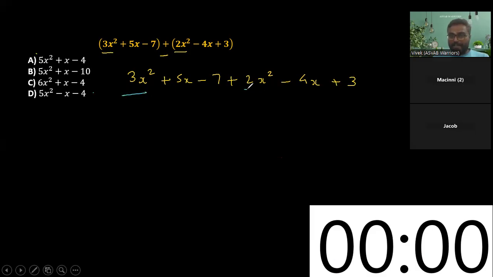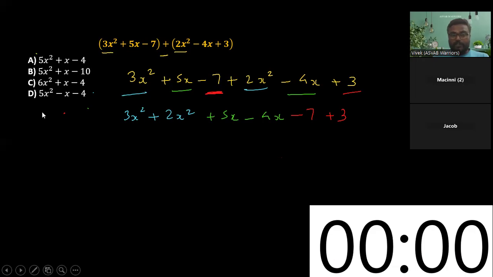Let's just combine the like terms now. 3x square plus 2x square. Next, plus 5x minus 4x. The next would be taking negative 7 plus 3. So all the terms are taken now.